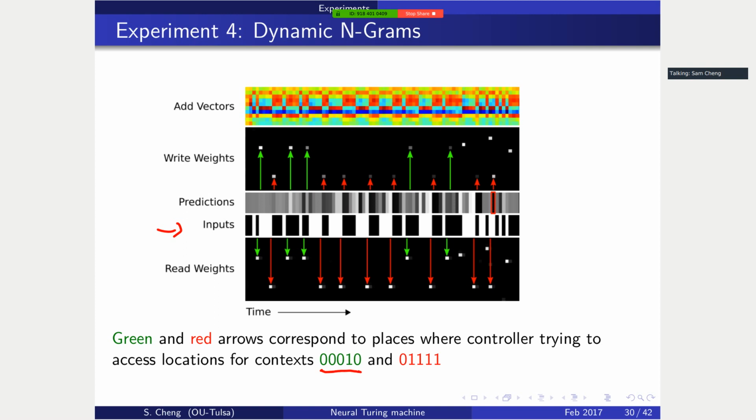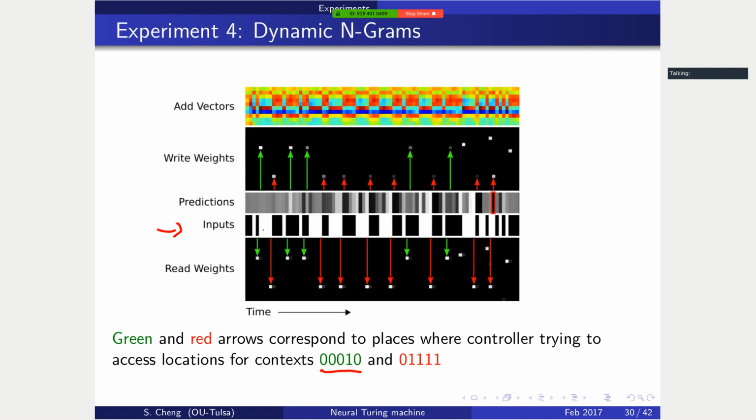You can see that whenever I have 00010 here, that means black, white, black here, then I have a green arrow here, right?